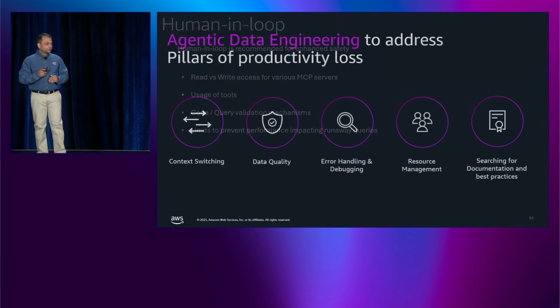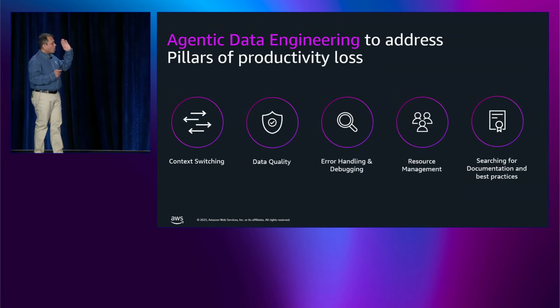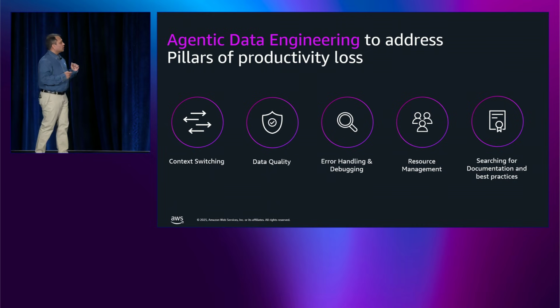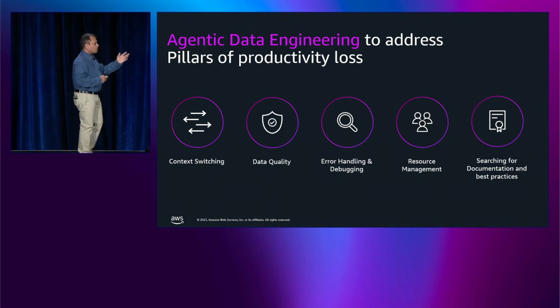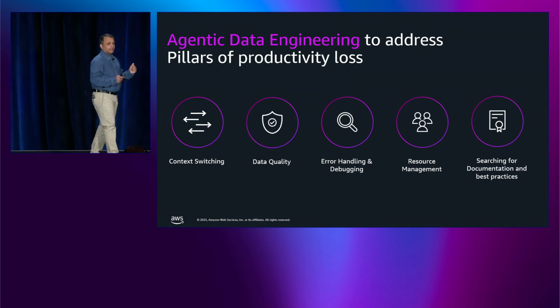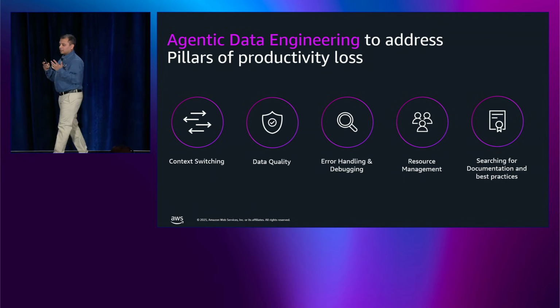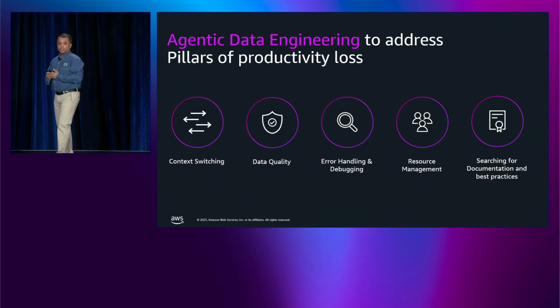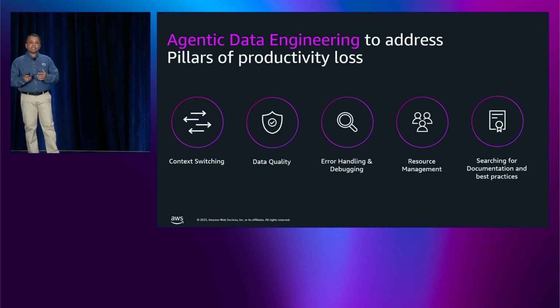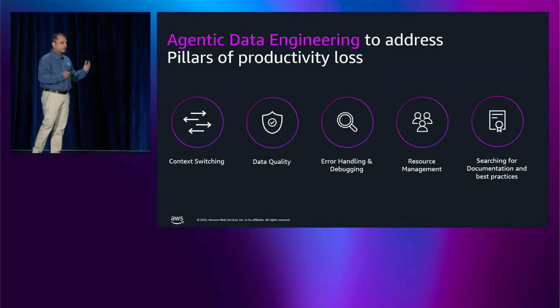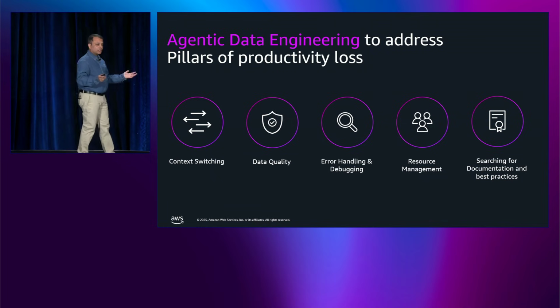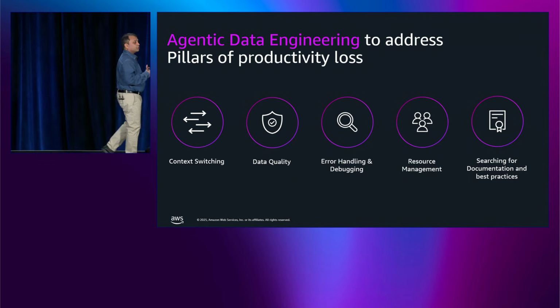With all that said, we have looked at all of these pillars: context switching, data quality, error handling, resource management, best practices, the pillars of loss of productivity that any company's data engineers mentioned, and that's been very well addressed. We're not saying that all of these things will be gone, but they will be reduced.